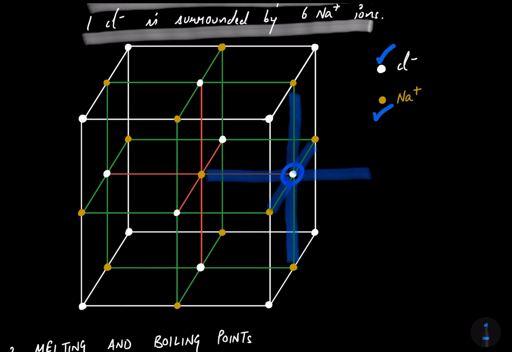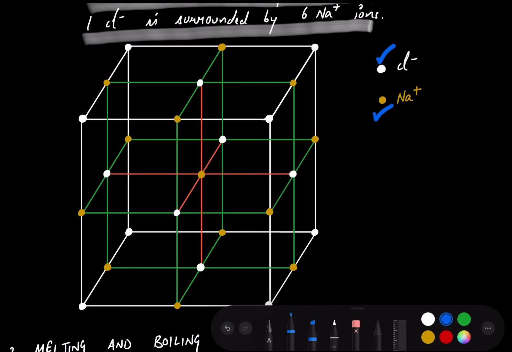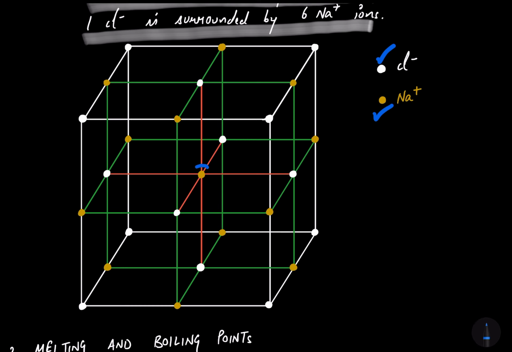Now let's talk about the Na+. I'm talking about this Na+ now. Let's count how many ionic bonds are formed by this Na+ with Cl-.